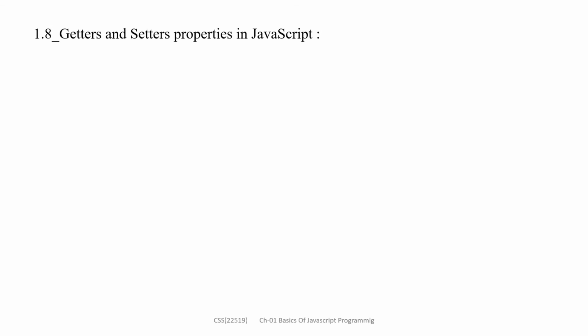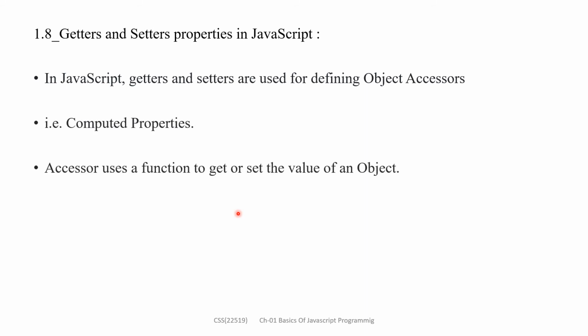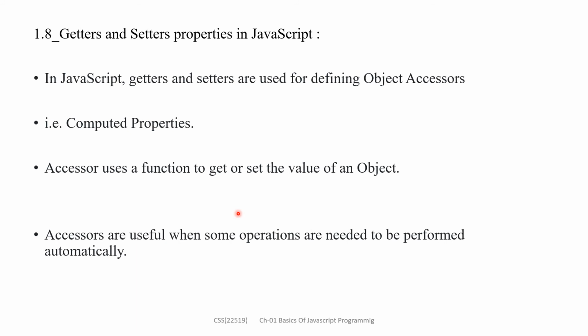Next topic is getters and setters properties in JavaScript. In JavaScript, getters and setters are used for defining object accessors, that is computed properties. Accessors use functions to get or set the value of an object.